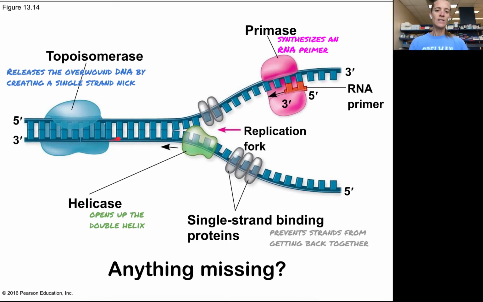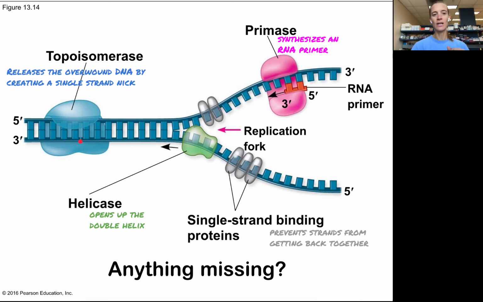Another thing that is going to happen is that as you open up the bubble through this helicase, you release the winding on this end, but the problem is that on this end you overwind it, and that's going to be too hard for the DNA. So we need an enzyme that will come in, hopefully clip one of the two strands, have that strand unwind itself, and then link it back again.